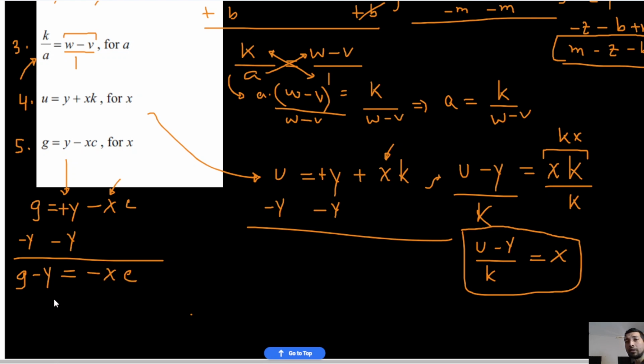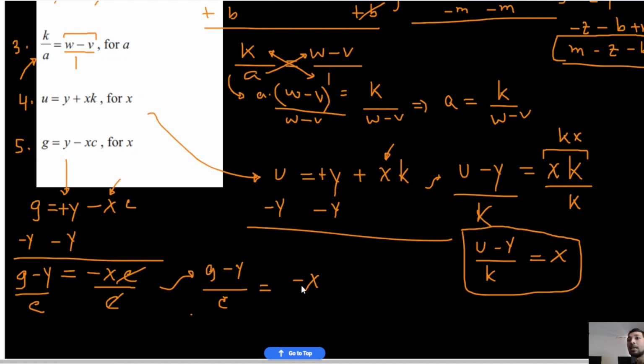Now first we can get rid of this c by the division. If we divide both sides by c, we get g minus y over c equals negative x.